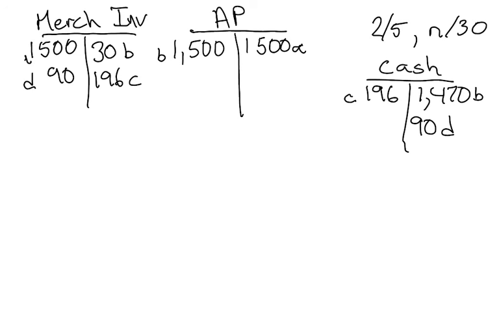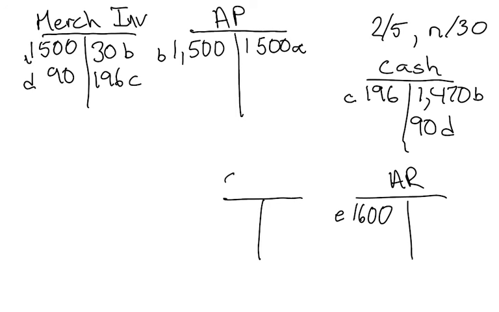They sold it for $1,600 on account. So we're going to debit their accounts receivable account for the $1,600, and we are going to credit their sales account for the $1,600.